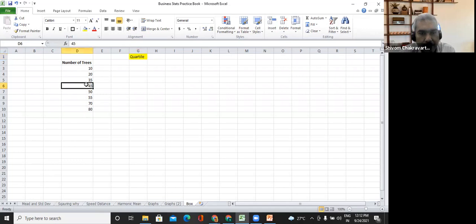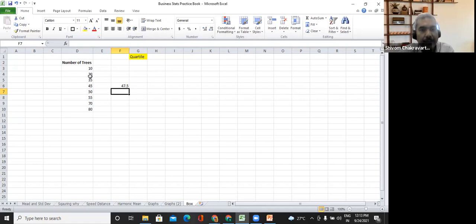We cannot choose a single number to divide into two halves, so we choose the middle two values and take the average. The average of 45 and 50 will be 47.5.